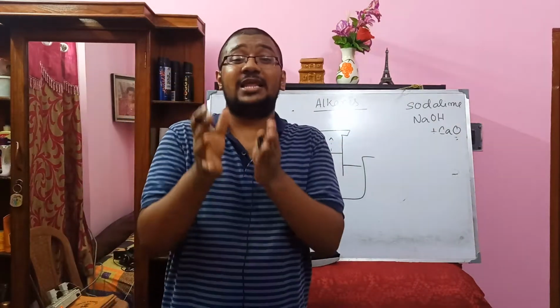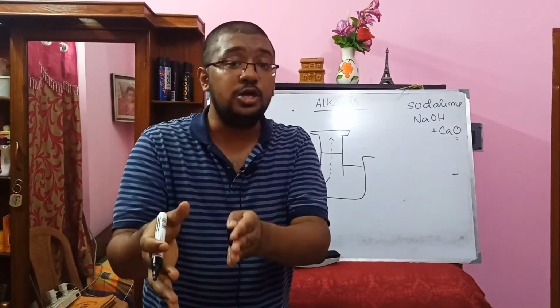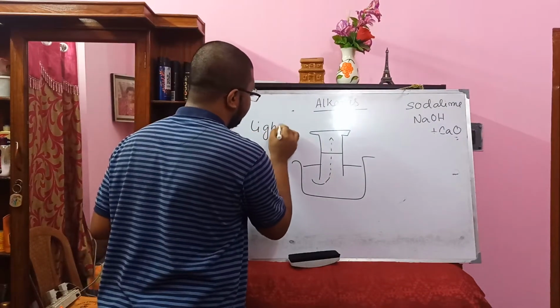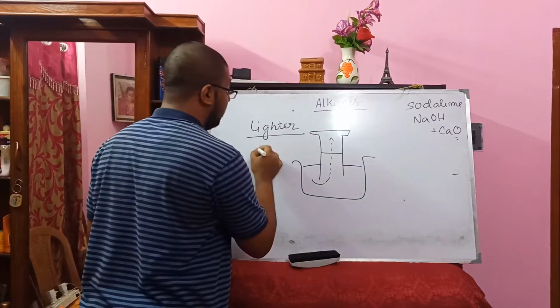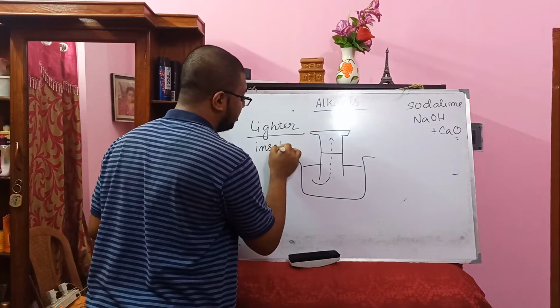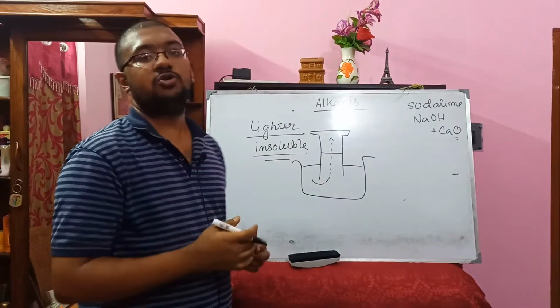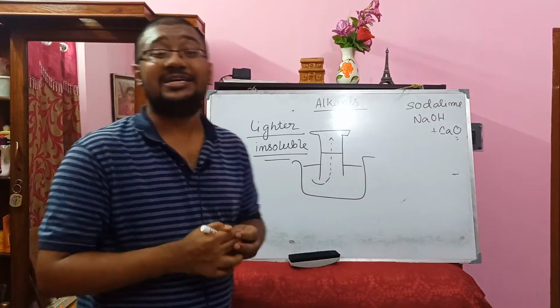Because the gas is lighter than water and the gas is insoluble in water. Two conditions. It has to be lighter. Second, it has to be insoluble. These two conditions have to be satisfied. Then only this displacement of water can be used for collecting the gas.